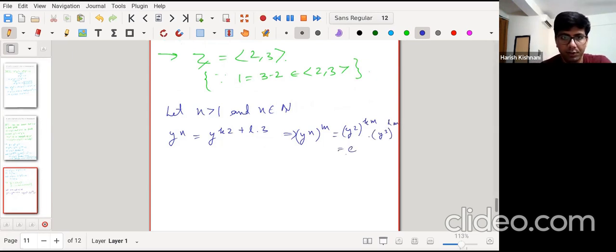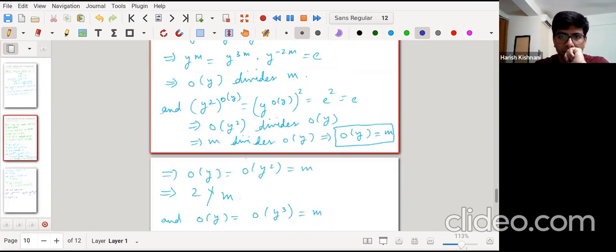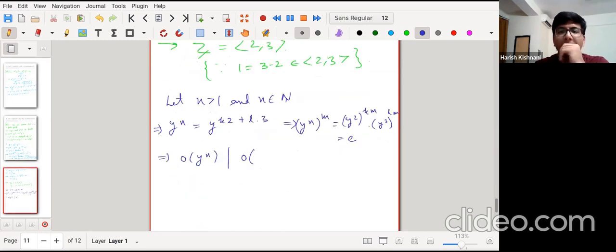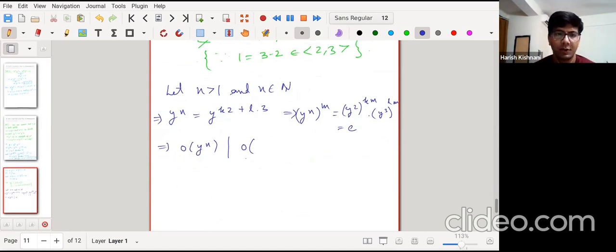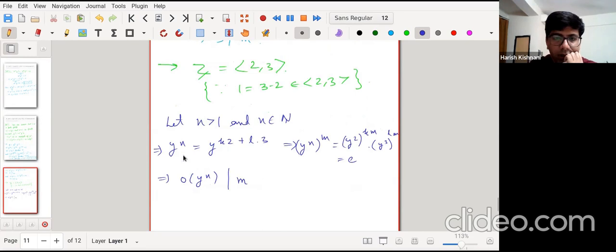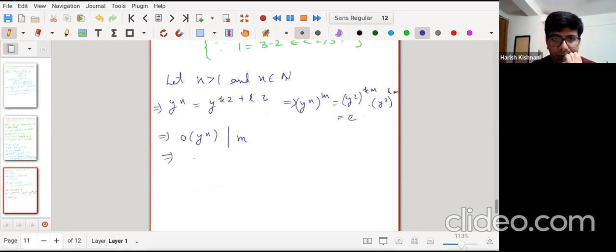This implies order of y^n divides m. And using this you can also try to prove that order of y^m is just m.